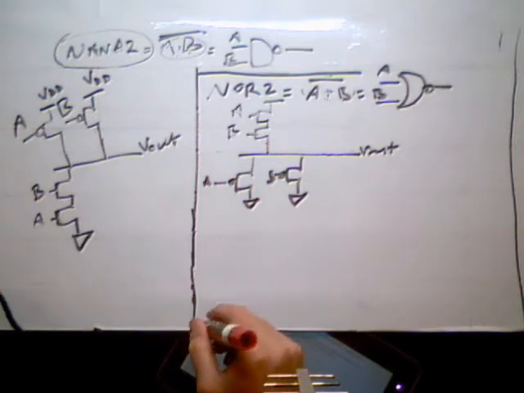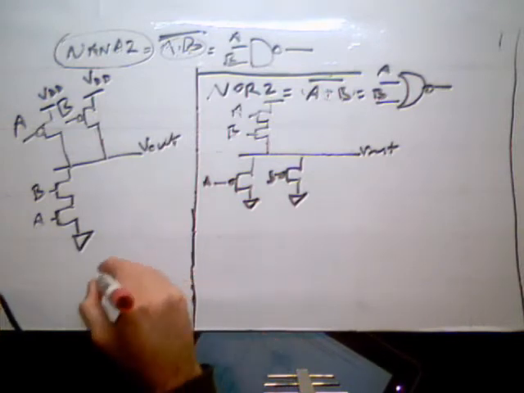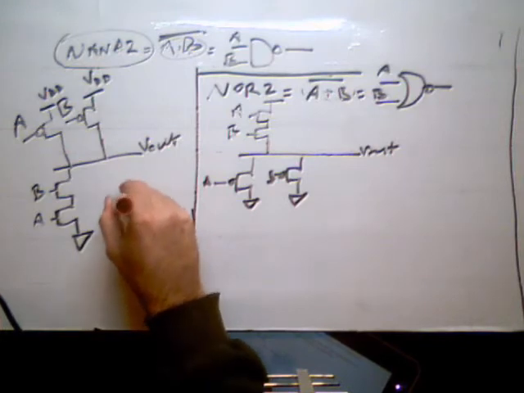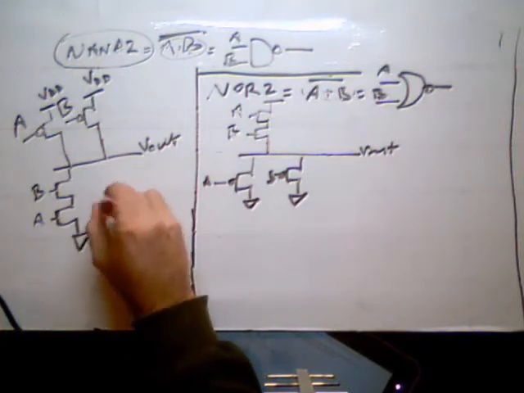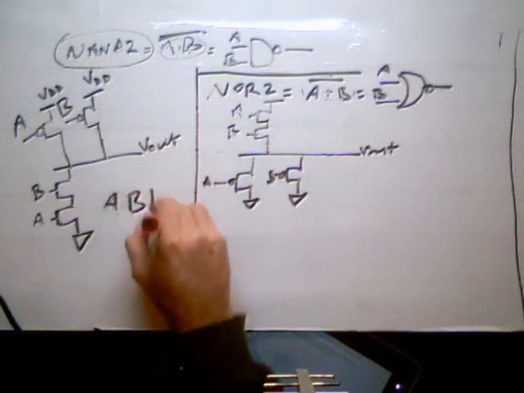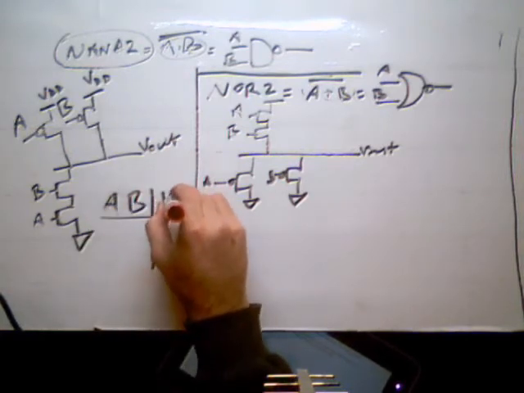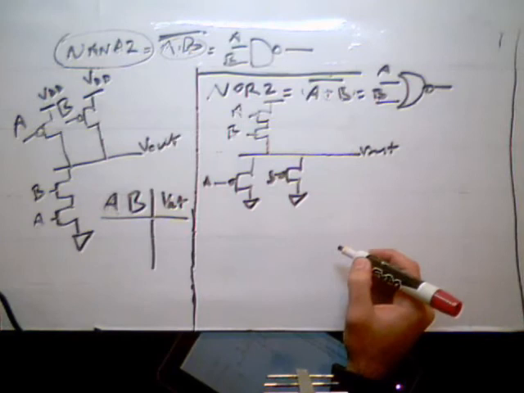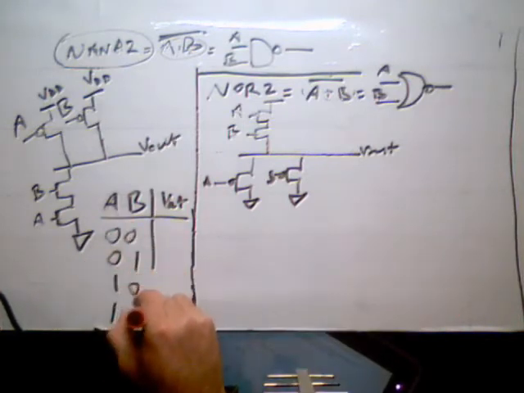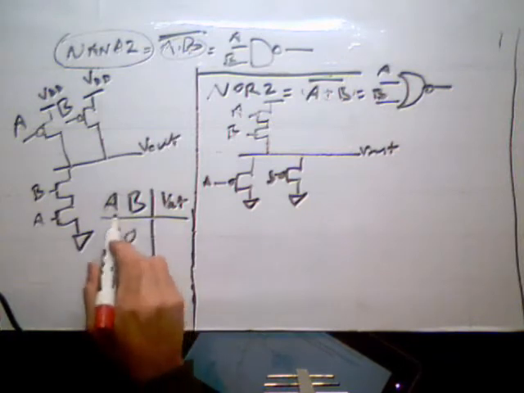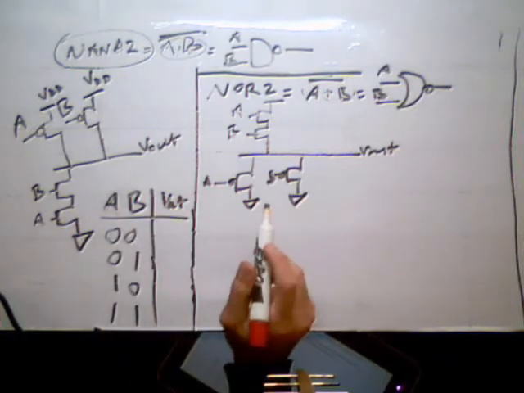So let's just go through the truth table for a NAND 2. I'm just gonna write it here: A, B, and V out. 0, 0, 1, 1, 0, 1, 0, 1. You could approach it in any way.